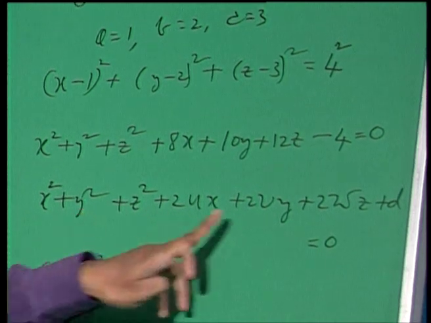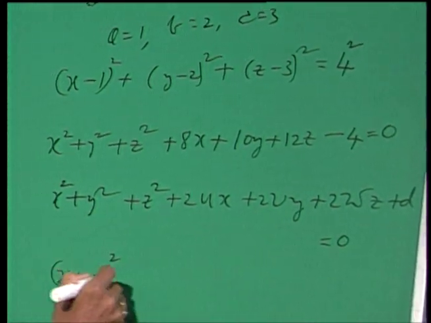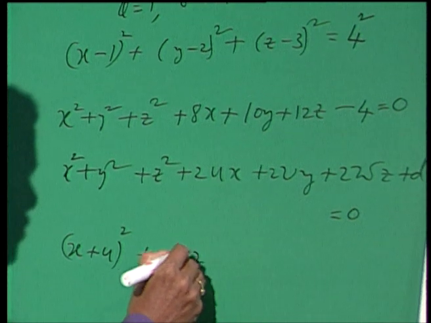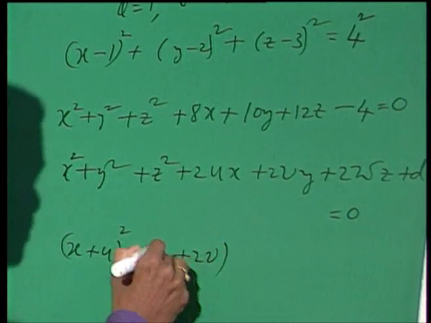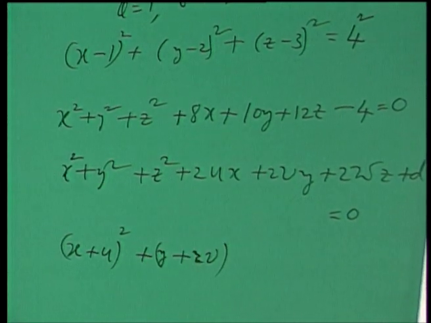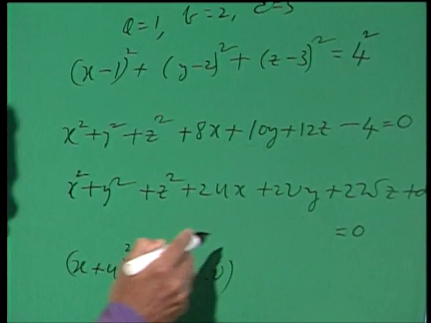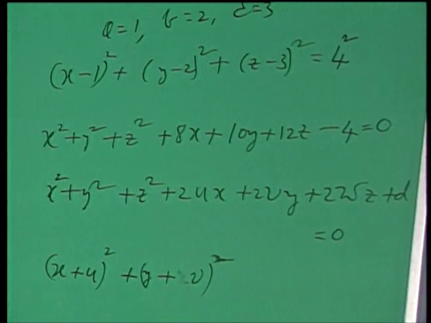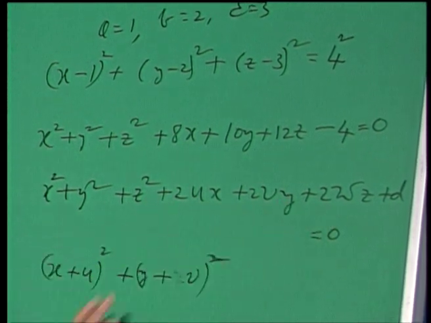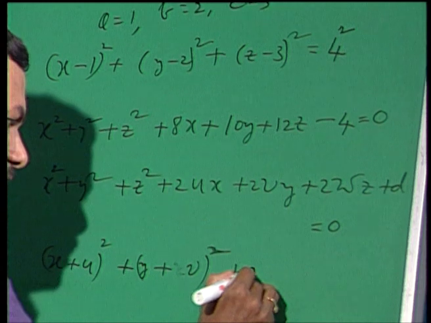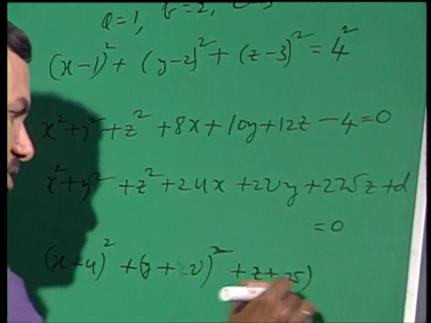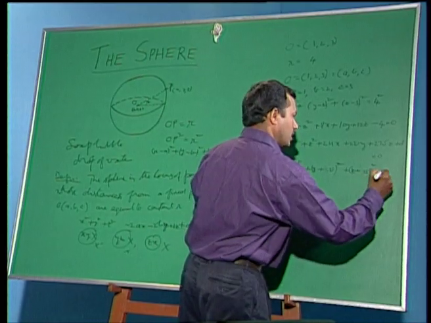Similarly, y square term plus 2vy term, these contribute for (y plus v) whole square. Then z square plus 2wz contribute for (z plus w) whole square is equal to r square.